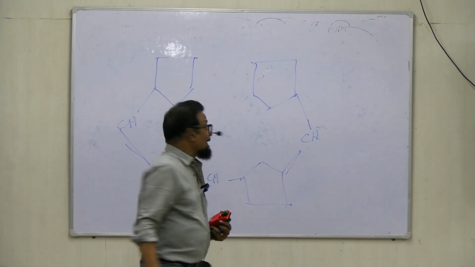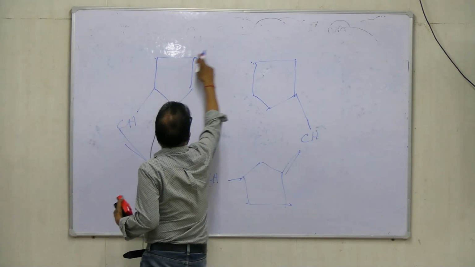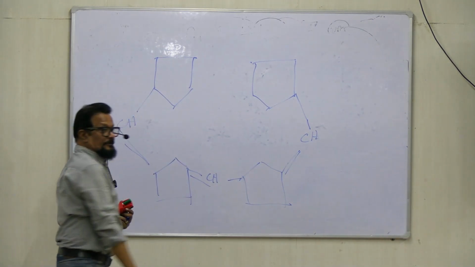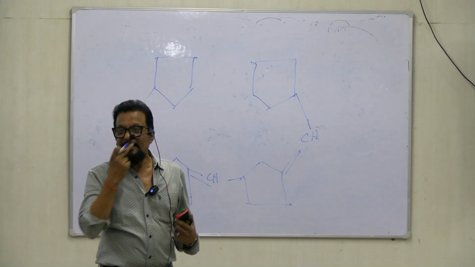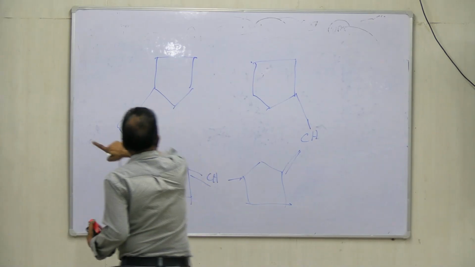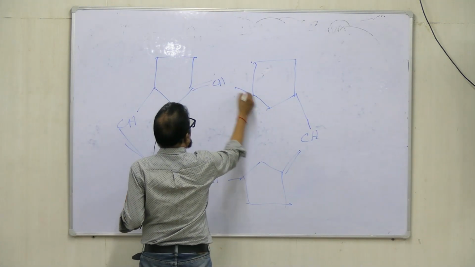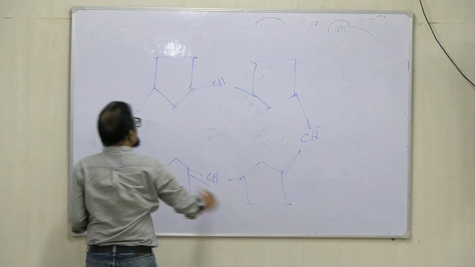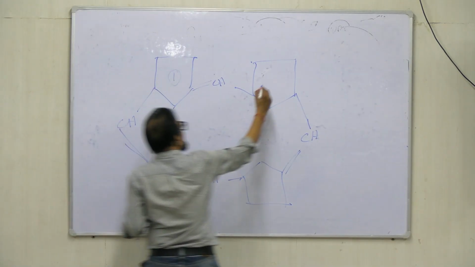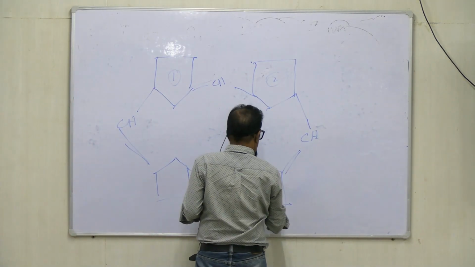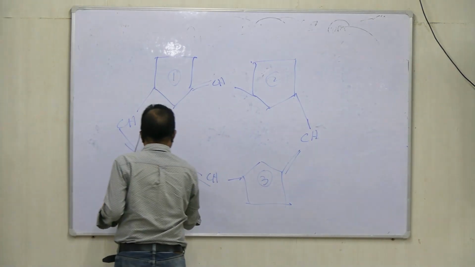Okay, and these corners have different groups, side chains. We number these pyrrole rings: this is number 1, this is number 2, this is number 3, and this is number 4.